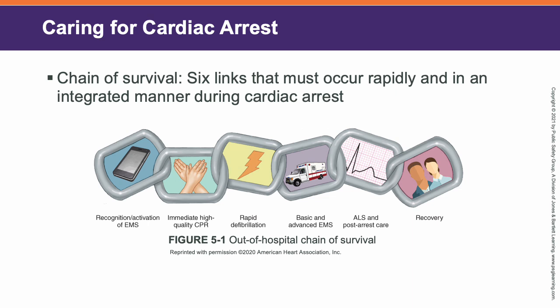Then comes in the basic and advanced EMS, so emergency medical services arrive and the ambulance arrives. The post cardiac arrest care that's done in the hospital, and then recovery that can be done through physical therapy and those sorts of things.